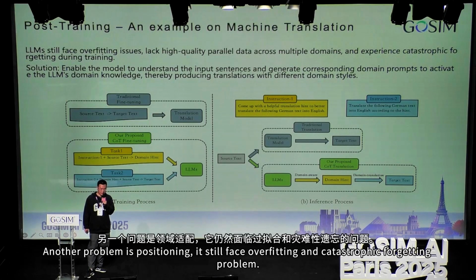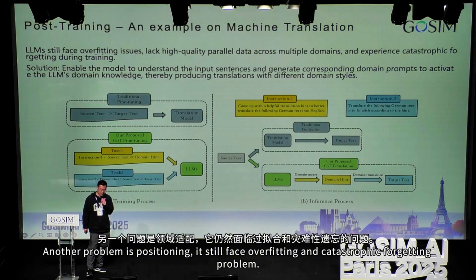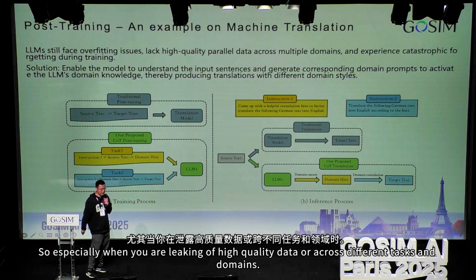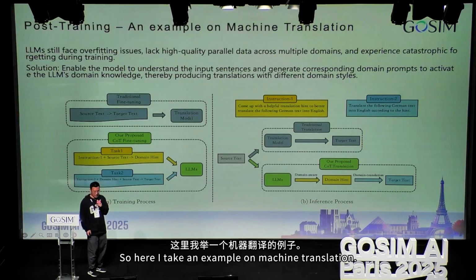Another problem is post-training. It still faces the overfitting and catastrophic forgetting problems, especially when you lack high quality data or work across different tasks and domains. Here I take machine translation as an example.